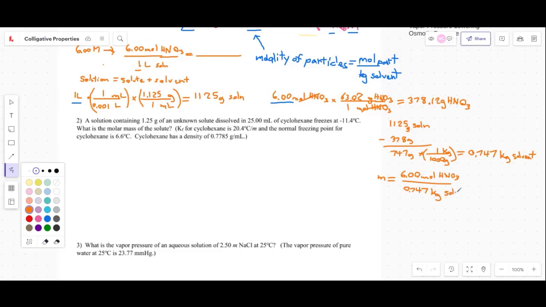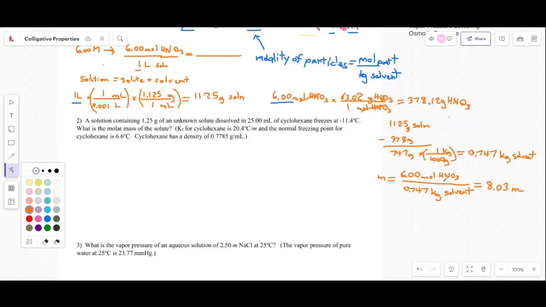So far, so good for me. I agree. So far, so good. Okay. So then let's go ahead and calculate that. What do you get? I got around 8.038 molal. Yeah. So 8.03 molality.